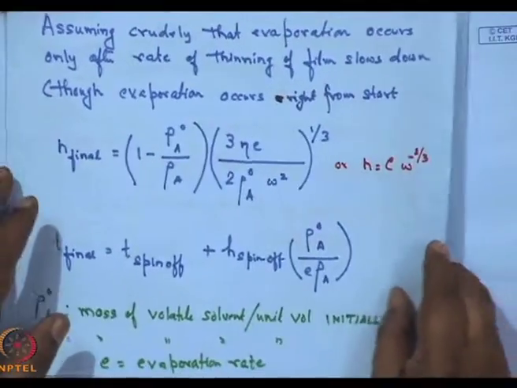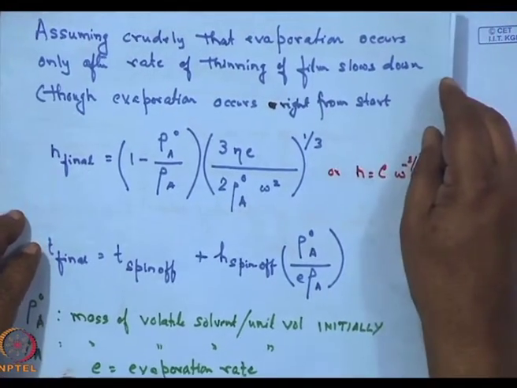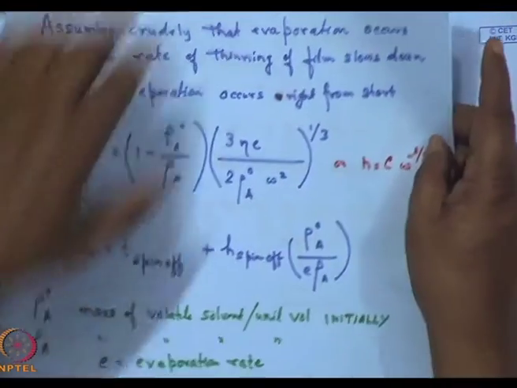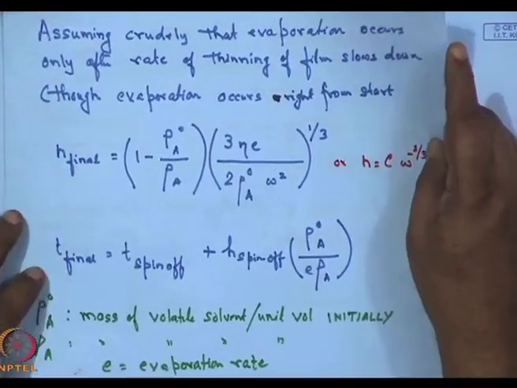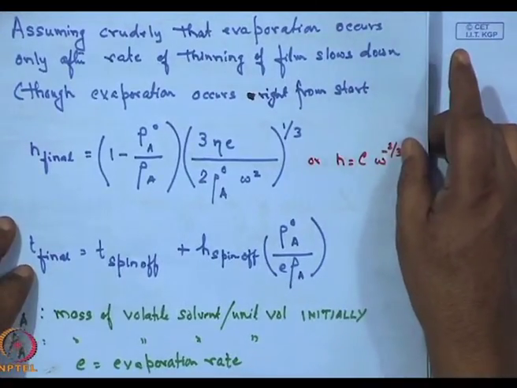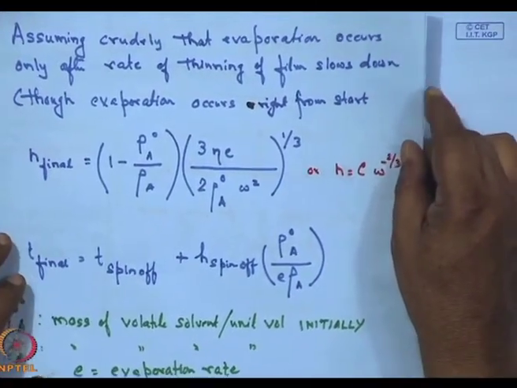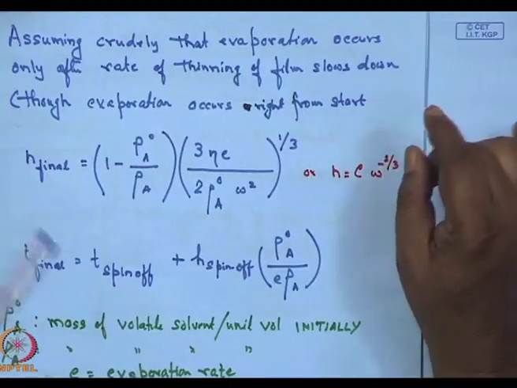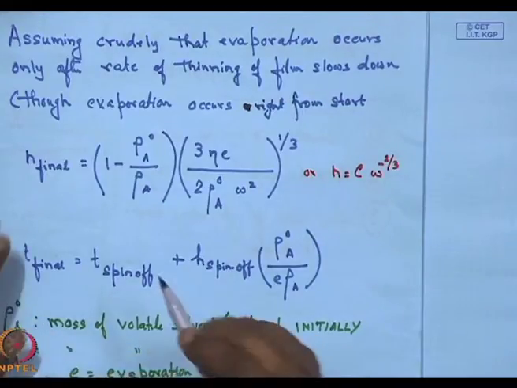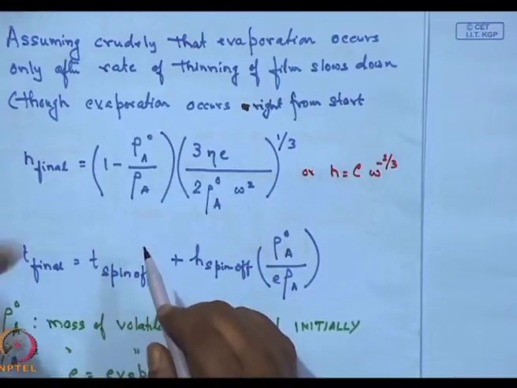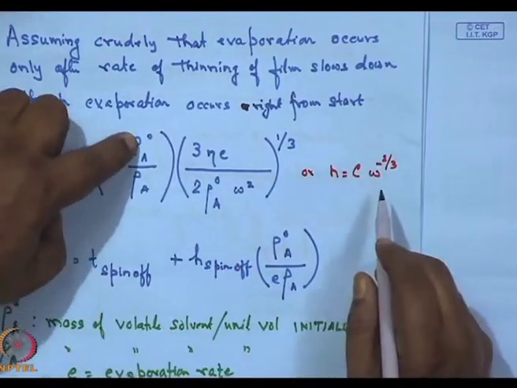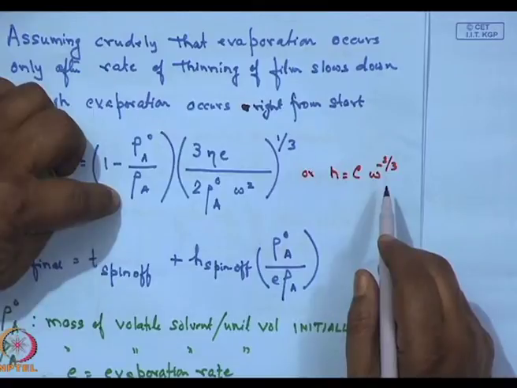In that case, evaporation is always occurring right from when we start withdrawing. In that case, the final thickness which we will see is given by something like this: 1 minus rho 0 A by rho A.